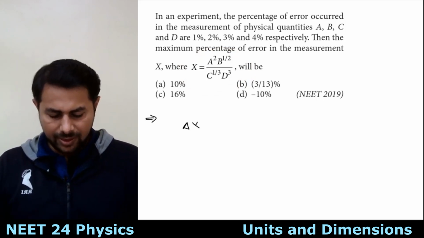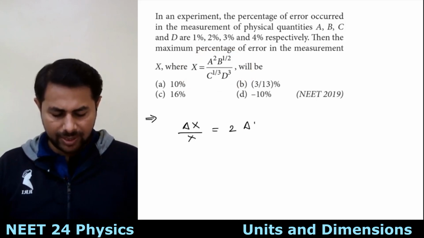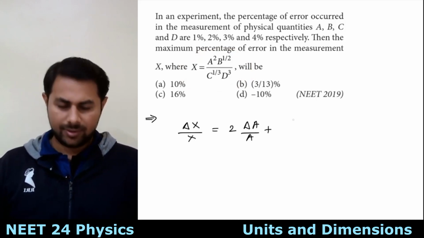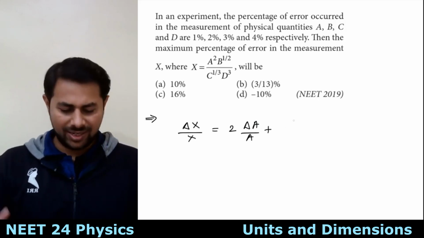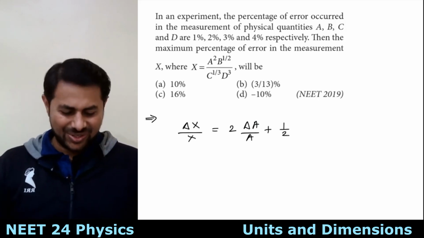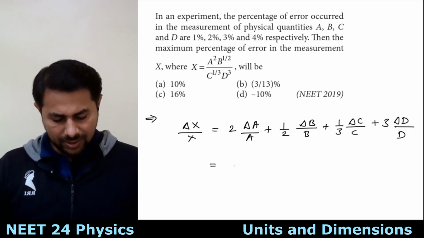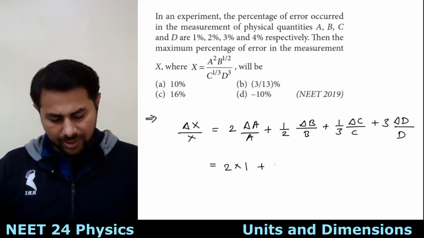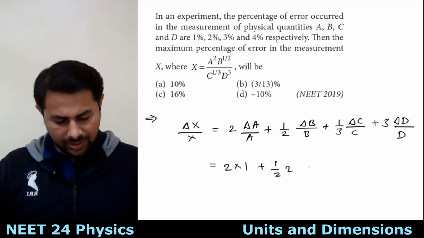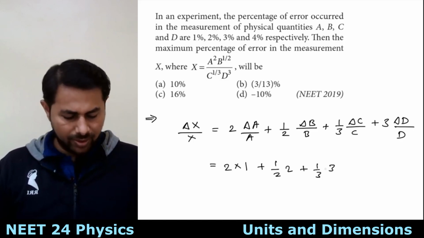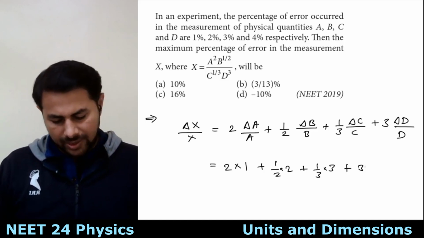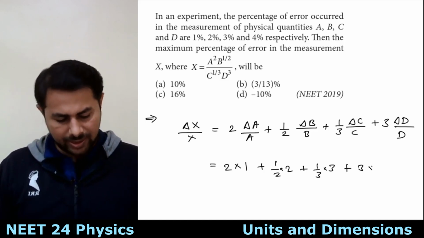Right. Let's see. Delta X by X would be 2 times delta A by A plus half of delta B by B plus 1/3 of delta C by C plus 3 times delta D by D. That is equal to 2 times 1% plus half of 2% plus 1/3 of 3%, that's very good, they have given the values that get cancelled out, plus 3 times delta D by D, which is 4%.